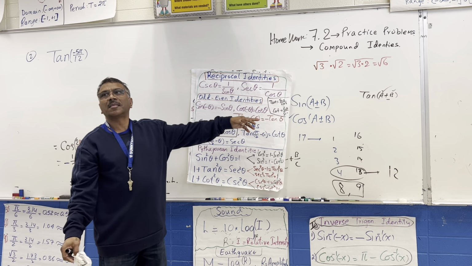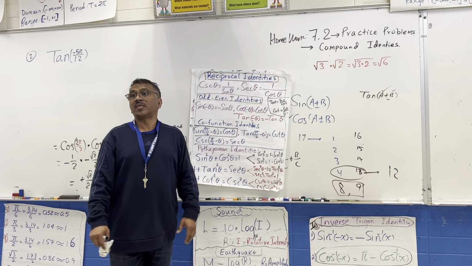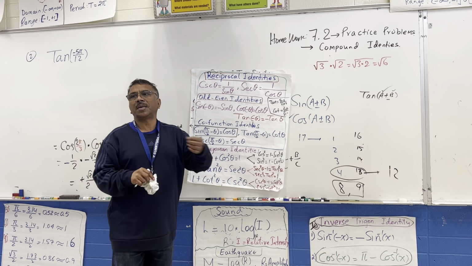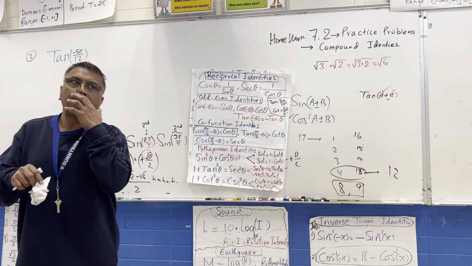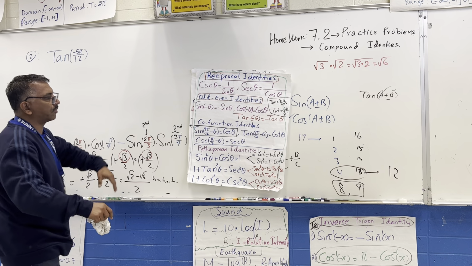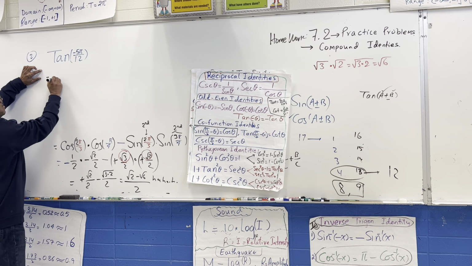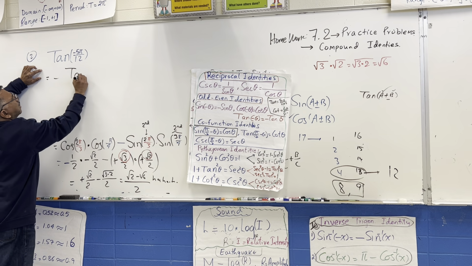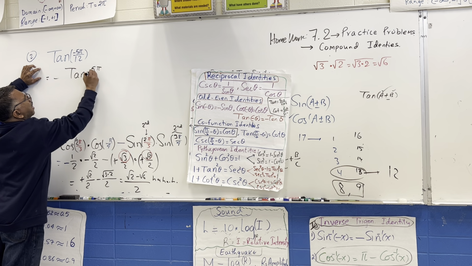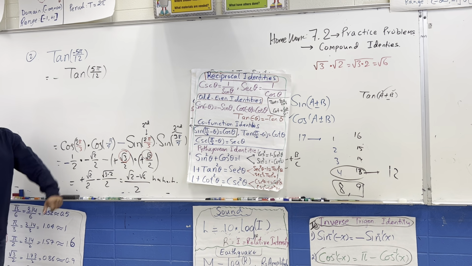It goes in front of tan. See how we, of course, you can do it without this also, but now that we are applying everything that we have, so tan of negative 5 pi by 12, just take the minus out. So this is the same as minus tangent of 5 pi by 12, agree? Yes or no?